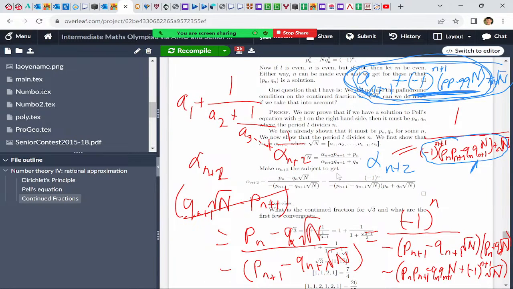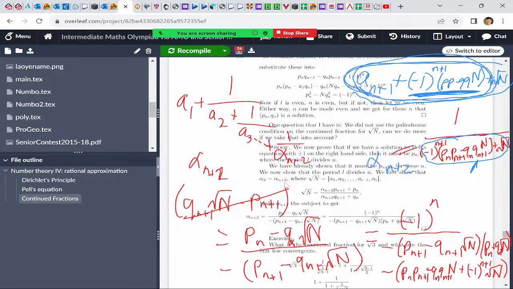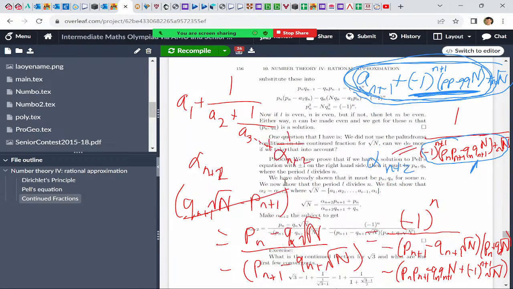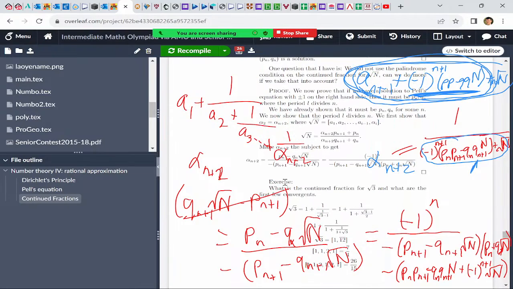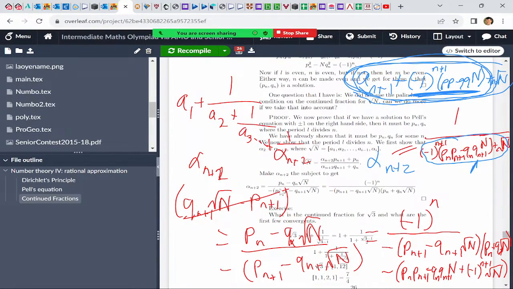Okay, so what do we got here? So here we got minus 1 to the n equals that.